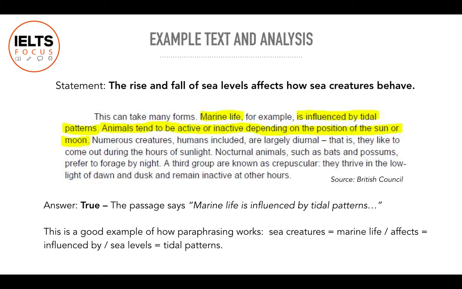Well, it's true, because the passage says marine life is influenced by tidal patterns. And this is a good example of how paraphrasing works. Sea creatures is the same as marine life, affects is influenced, sea levels is tidal patterns. Great example of paraphrasing there.